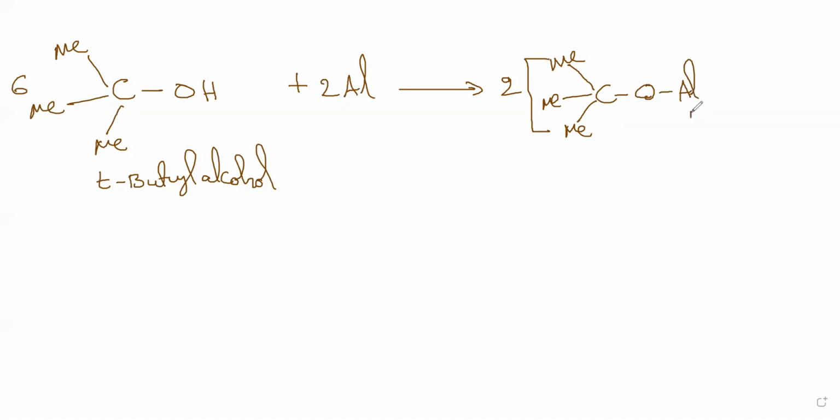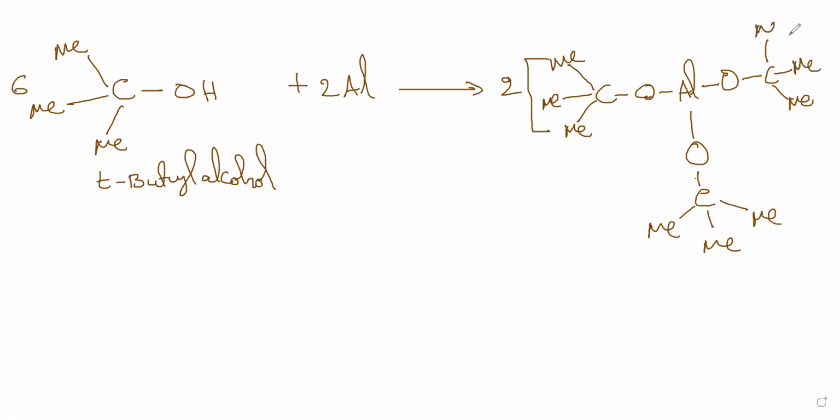I will draw that entire structure so you will have an idea what is there in the textbook. Around aluminum, 3 molecules of this tertiary butoxide will come, and this reagent is called aluminum tertiary butoxide.